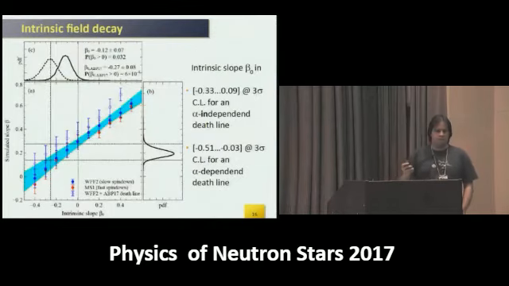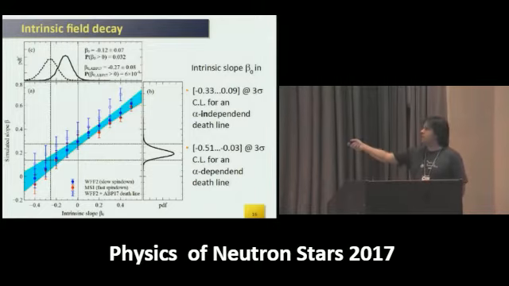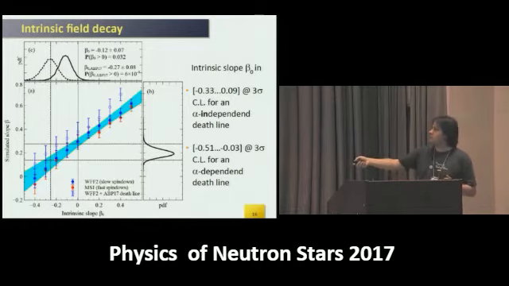And this is another numerical result. We made population synthesis assuming a set of values of the intrinsic slope beta 0, and calculated the simulated slope, which we try to explain from our observations.